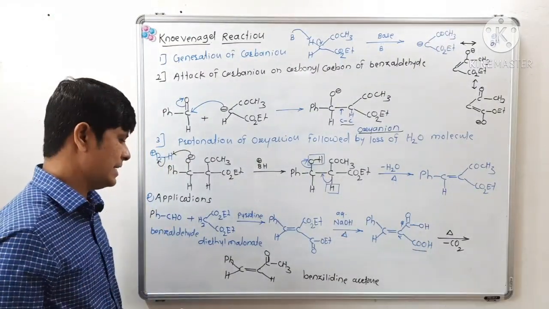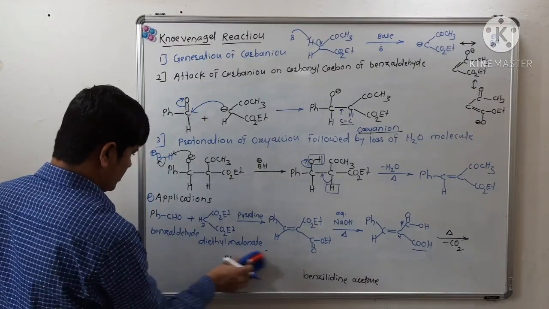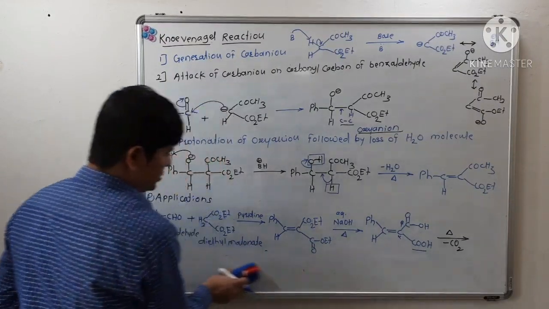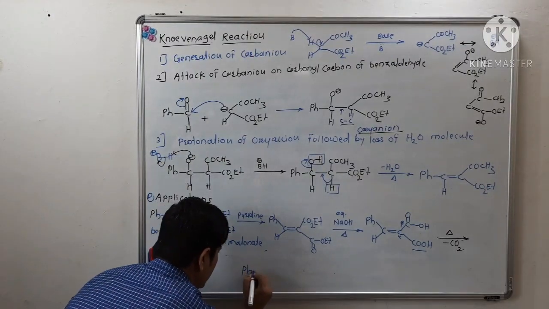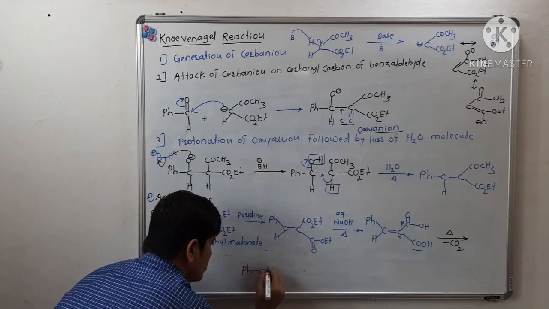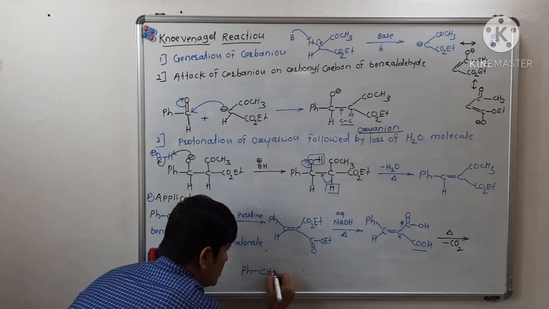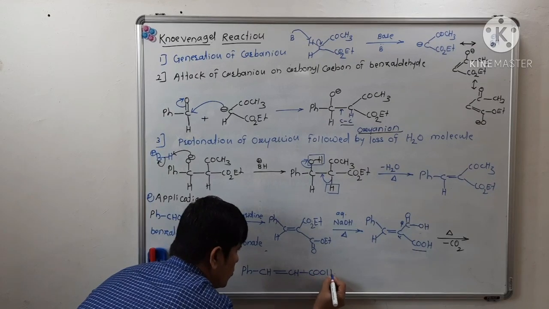From one carboxylic acid group, and there will be formation of cinnamic acid. See, Ph-CH=CH-COOH.